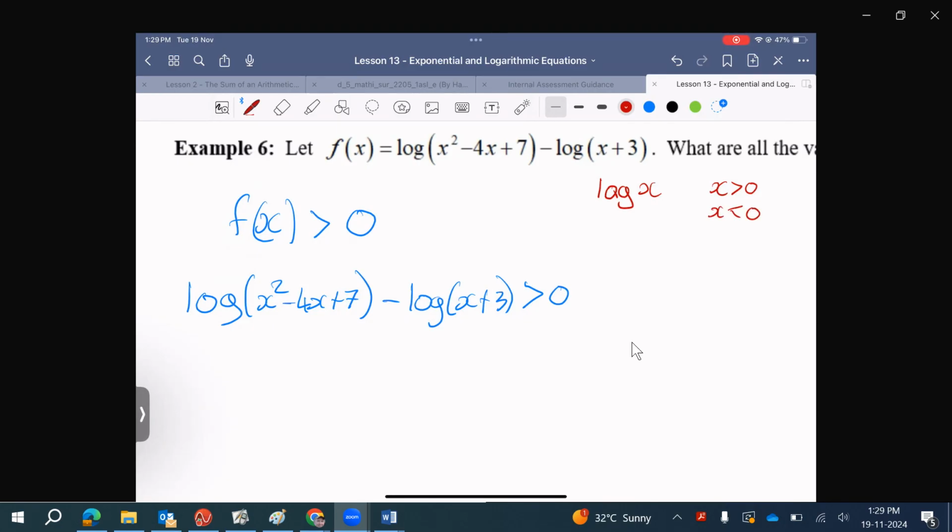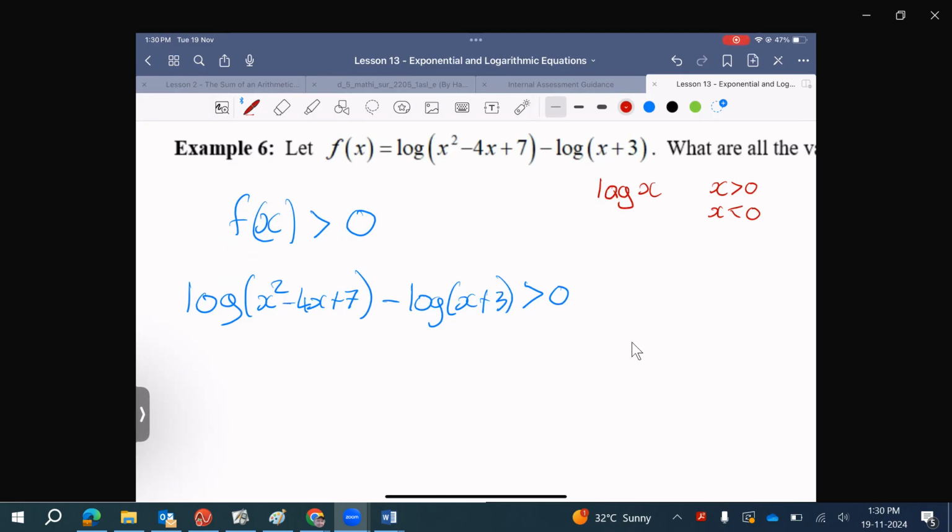You would have to split it into two cases with different domains based on what makes the sign change.